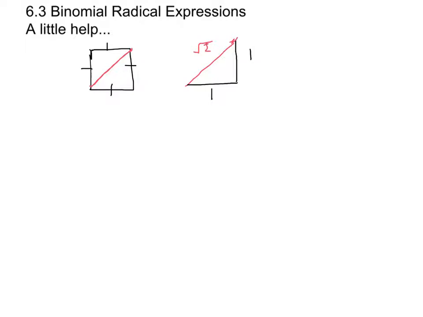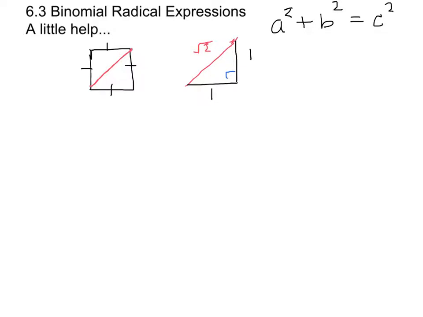And the way we know that is by using Pythagorean's theorem, which states that if you have one of the legs of a right triangle and you add it to another leg of that triangle, squaring both terms, you're going to get the hypotenuse term squared.